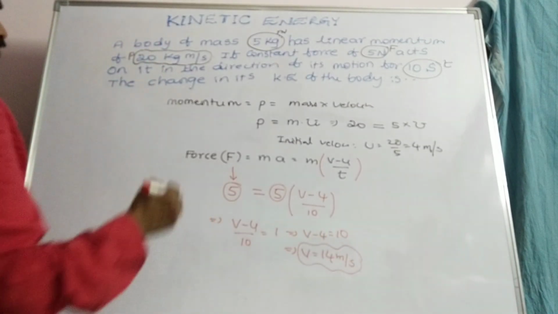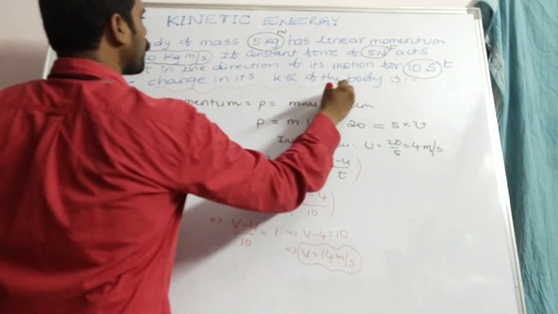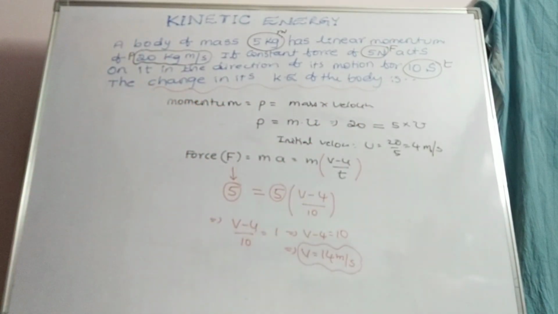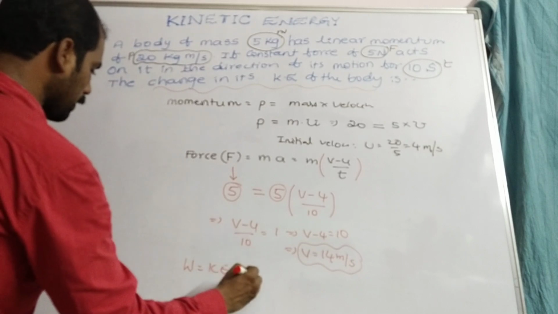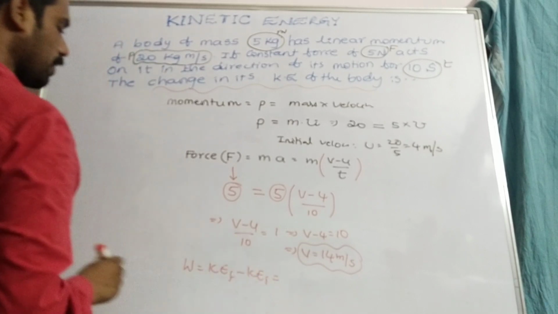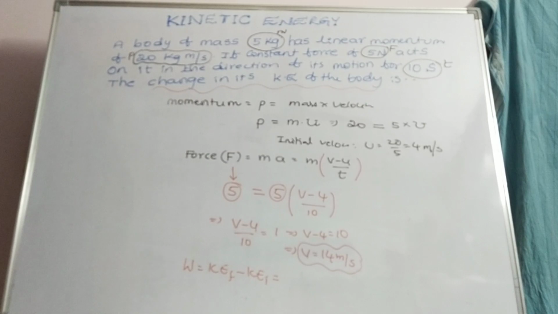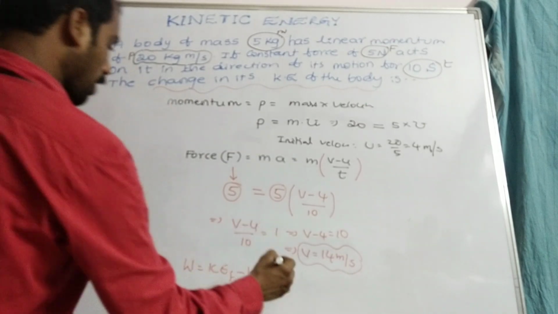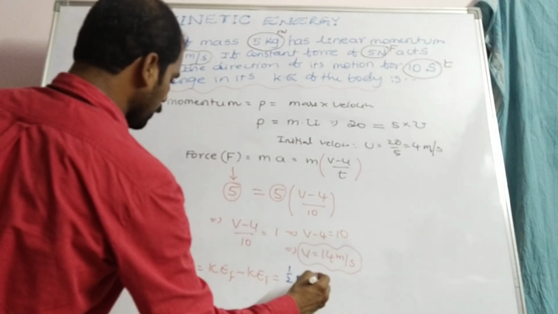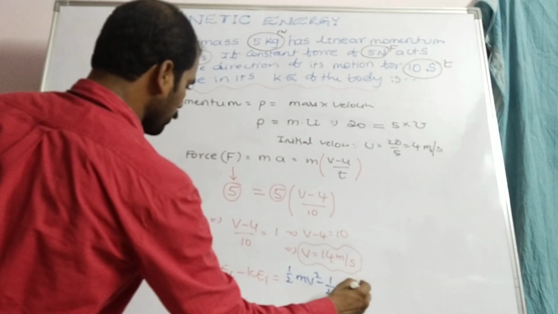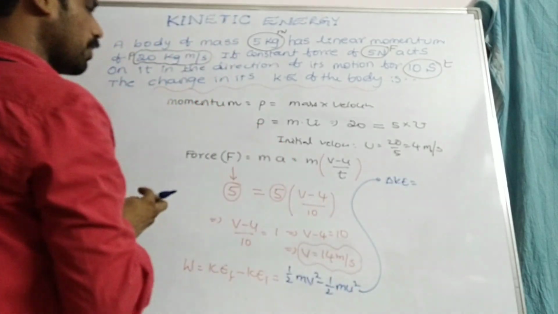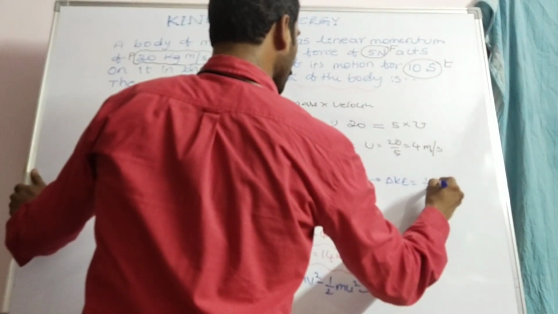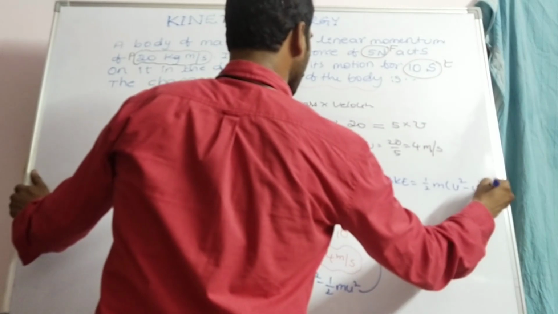But what we have to find is the change in kinetic energy. According to the work energy theorem, W is equal to KE final minus KE initial, which is half mv square minus half mu square. Hence delta KE, the change in kinetic energy, is equal to half into m into v square minus u square.